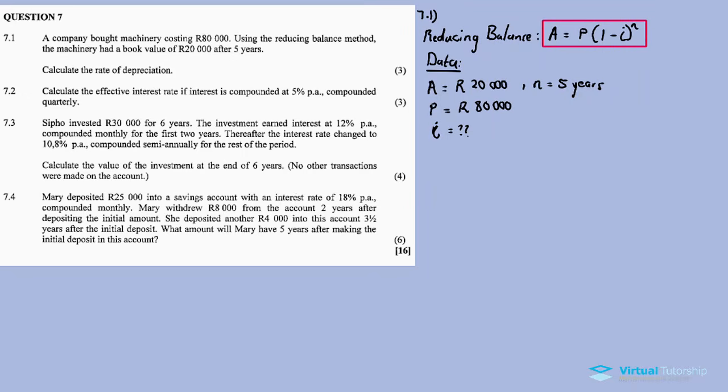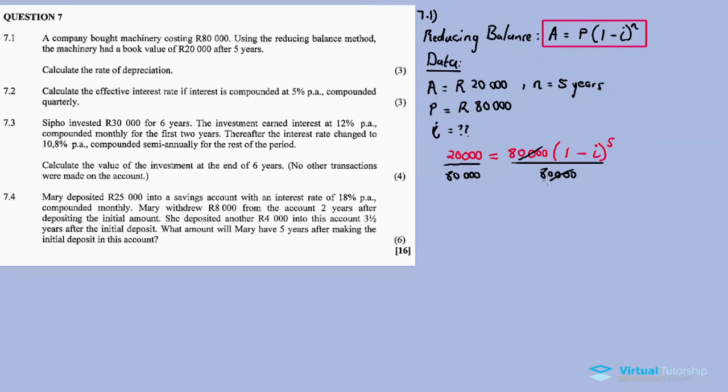Let us substitute into the formula. 20,000 equals 80,000 times (1 minus i, unknown) raised to exponent 5. So therefore I continue with this calculation. The first thing I will do is divide by 80,000.